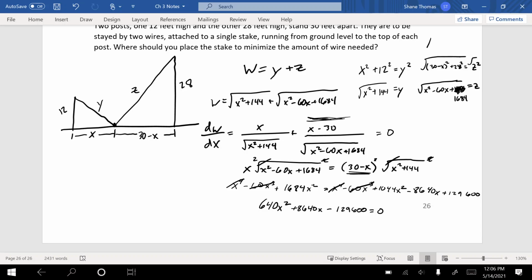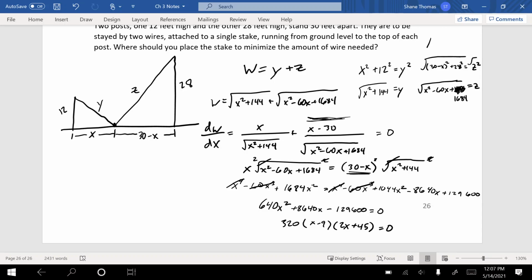Okay. Now, I can factor this, can't I? Might take a little bit to factor, and I'm going to suggest using a computer to factor this. So you can factor 320 out of each term, and you end up with x minus 9, 2x plus 45.